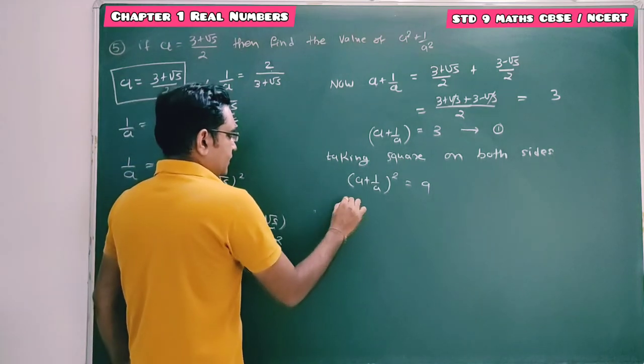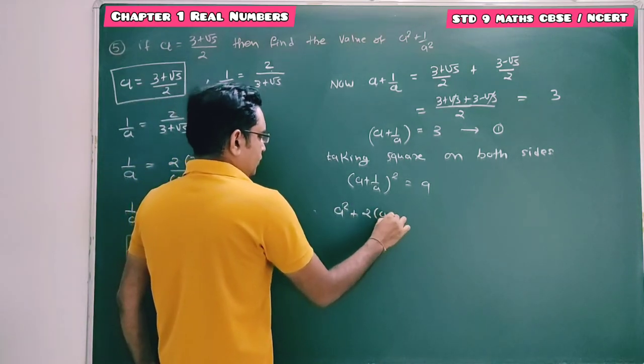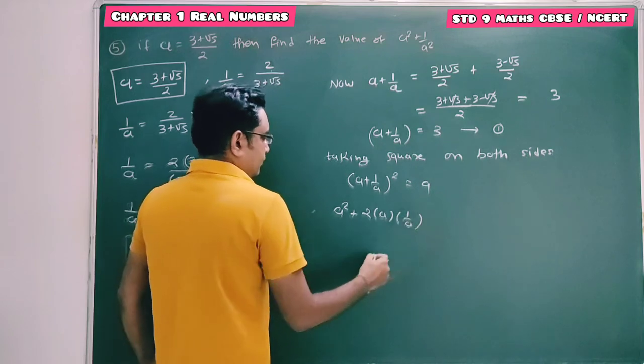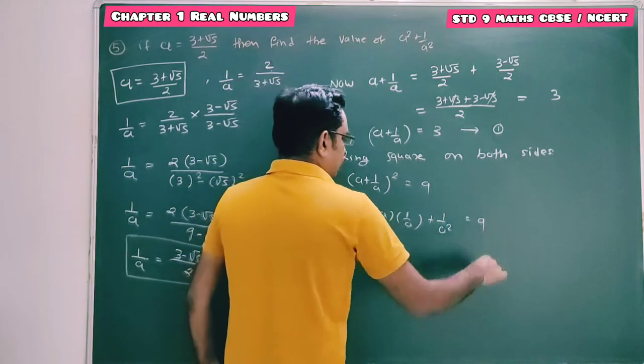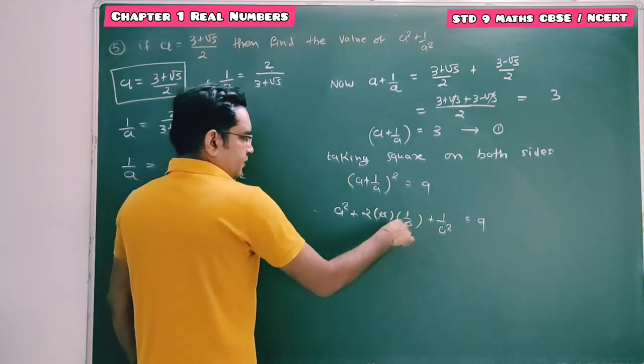It will be a square plus 2 into a into 1 upon a plus 1 upon a square equal to 9. This will be cut.